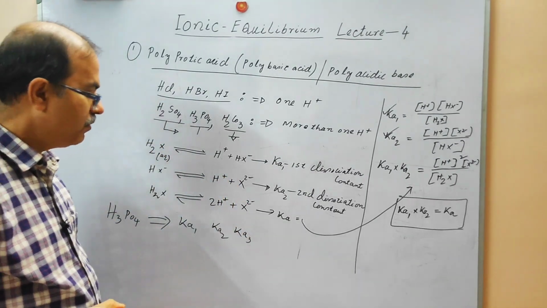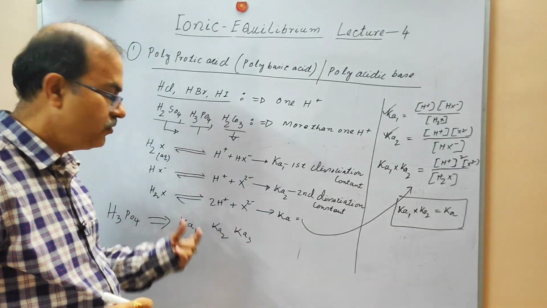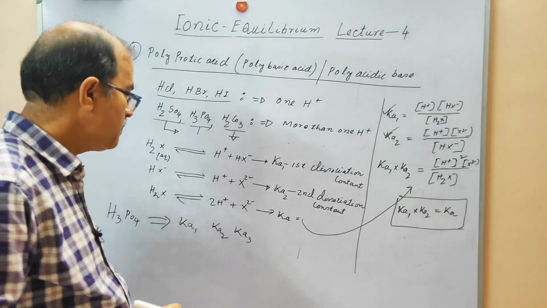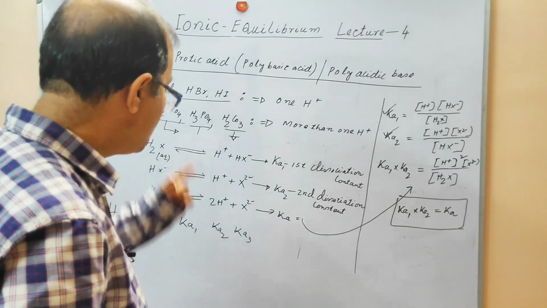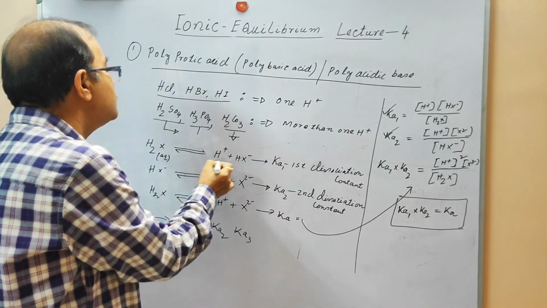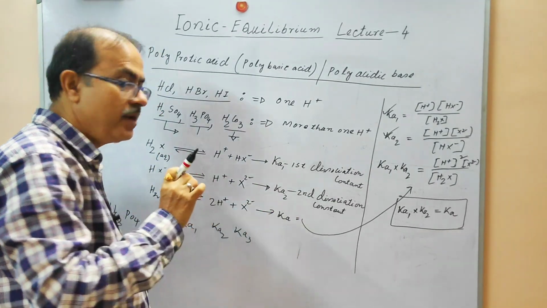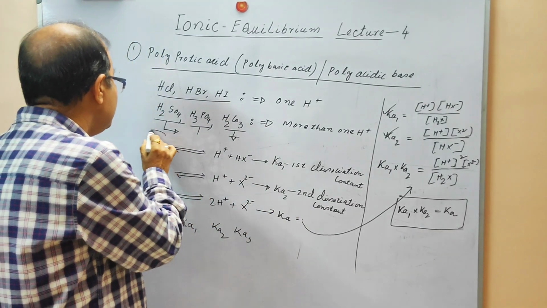And what will be the value of this dissociation constant? First, second or third, whether they will be the same or different, you can easily understand when the hydrogen ion is ionized from this neutral molecule.